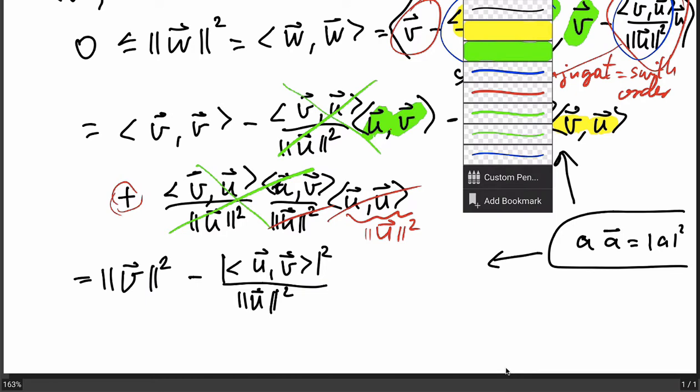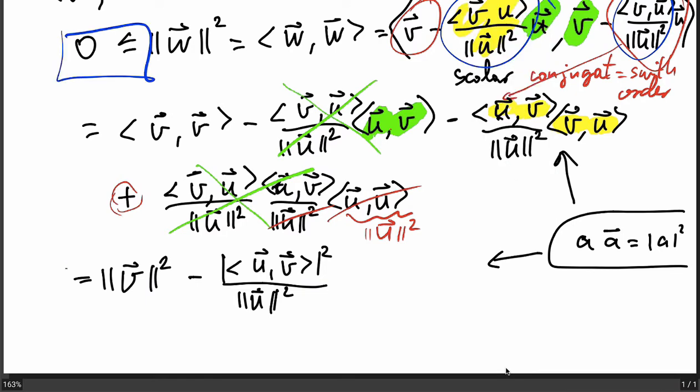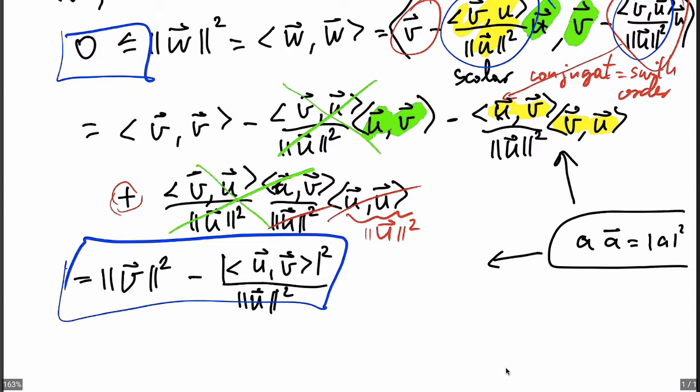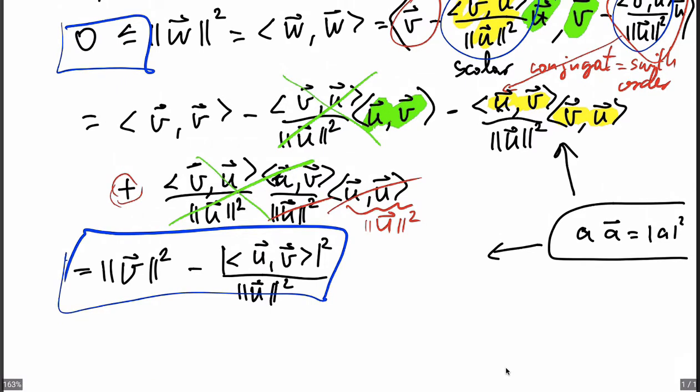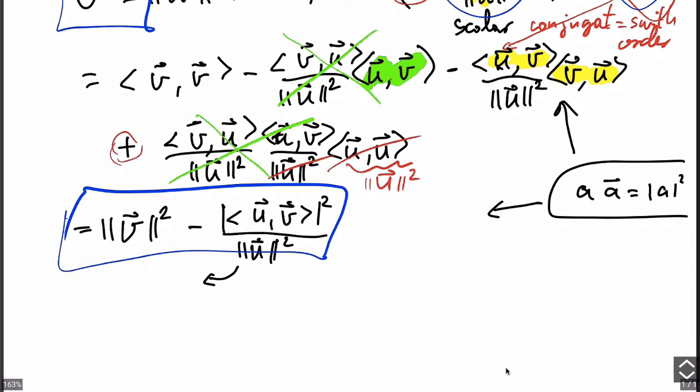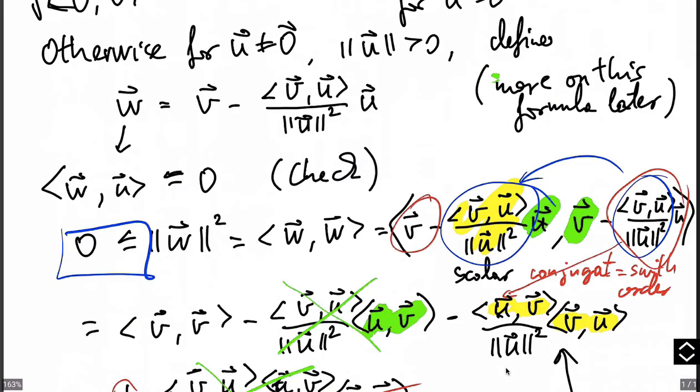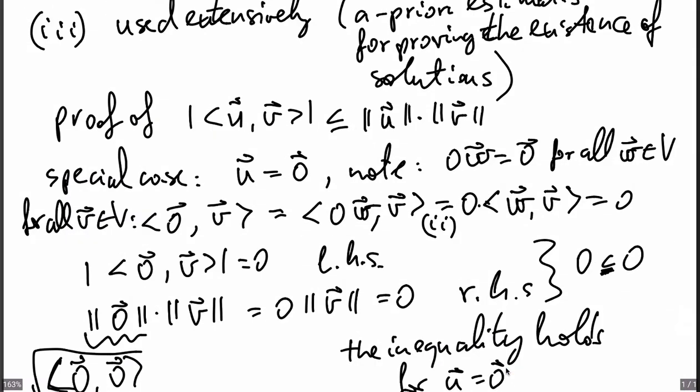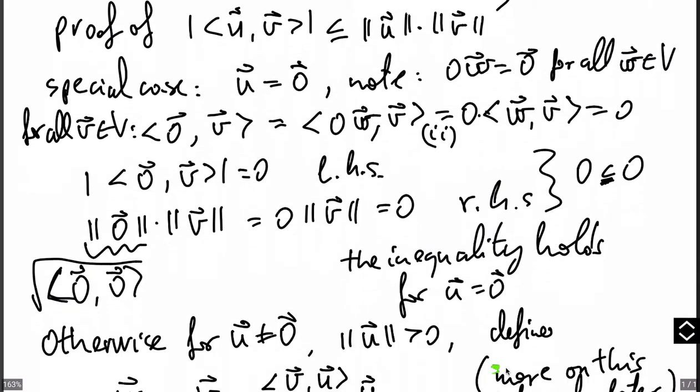And we started with 0 less than or equal to this expression. So if we rearrange it, we take this to the right hand side and multiply through with U norm square, we obtain that the magnitude square of U inner product V is less than or equal to U norm square times V norm square.